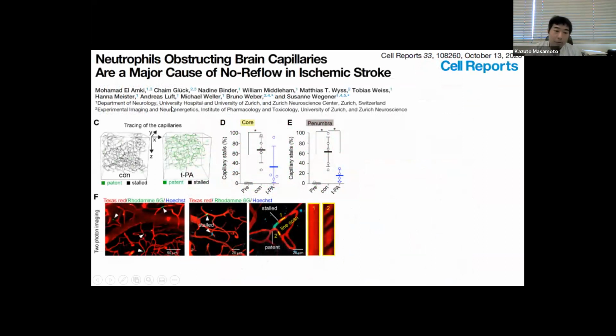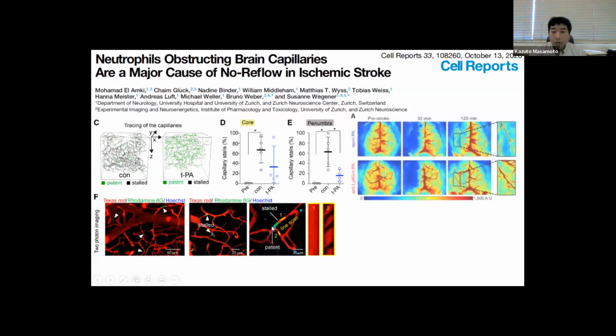And another paper also shows this after ischemia. These black colors indicate the stalled blood cells, and tPA dissolves the blood clot. Then they recover mostly patent vessels, but there are leukocytes stacked.